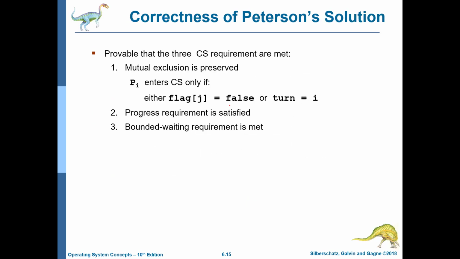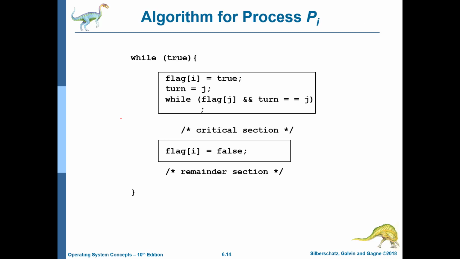All right, so now that we have seen this, the key CS requirement has been met. We just were able to prove that mutual exclusion is preserved. The progress requirement is also preserved because if, let's say, one process is in the critical section, the other one is waiting, once I set flag i equal to false, for the other process this test will become false, so it will quickly enter the critical section.